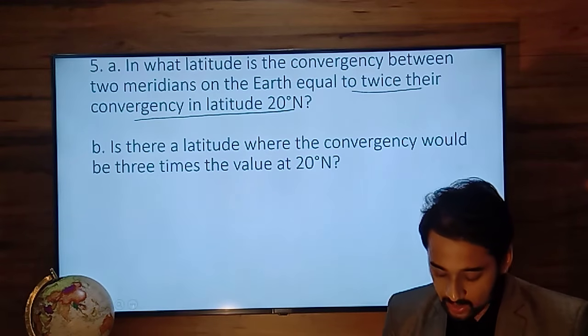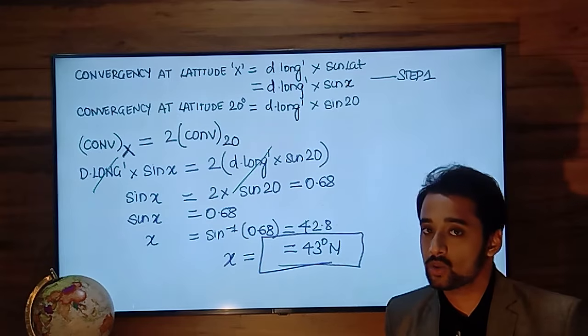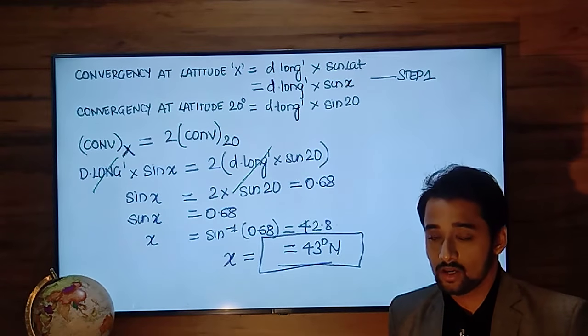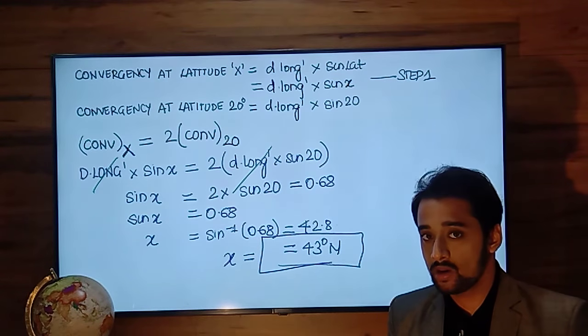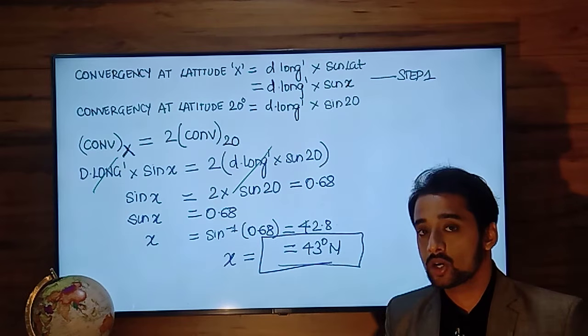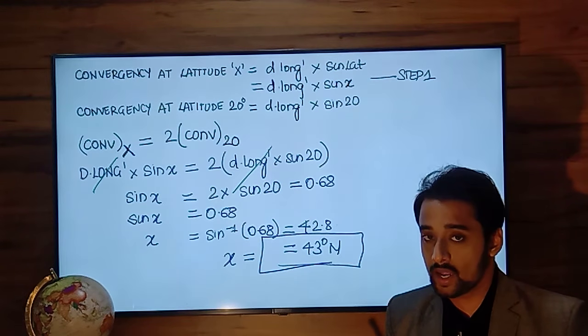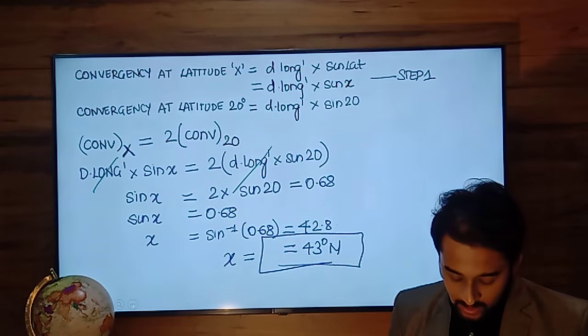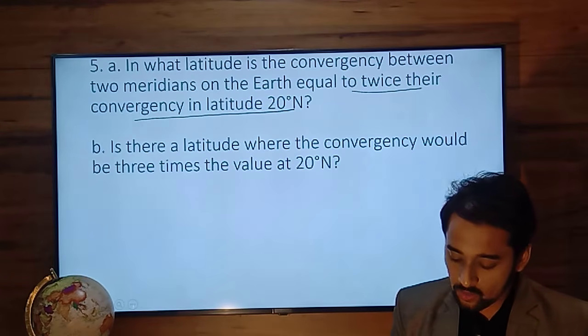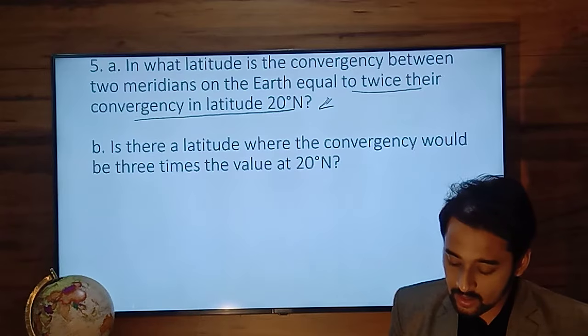At 43° north latitude, the convergency will be twice that. So at 43° north latitude, the convergency will be twice the convergency existing at latitude 20°. That is your answer to part 1, 43° north latitude.